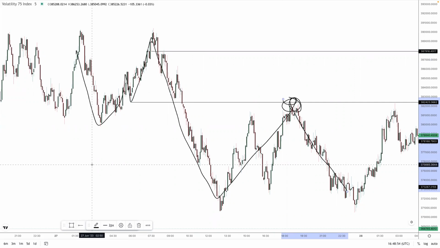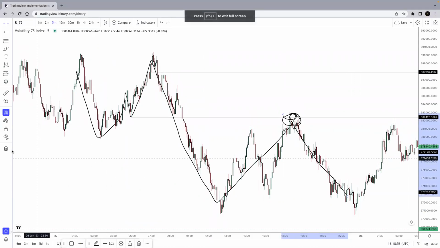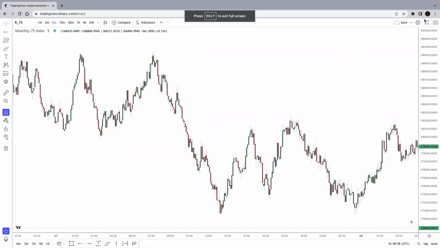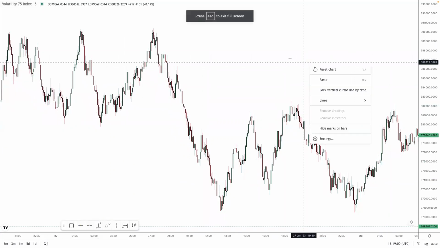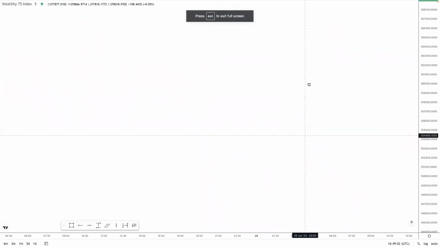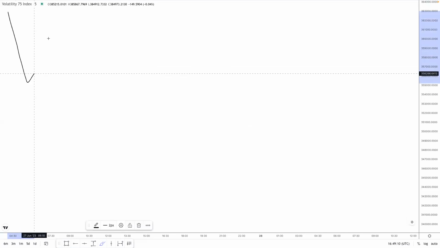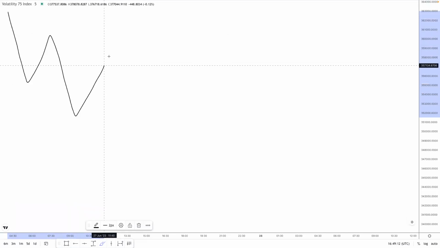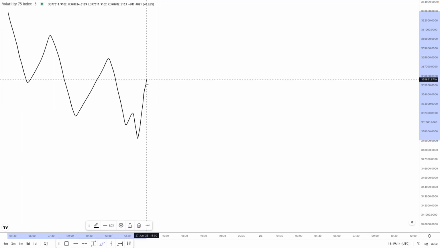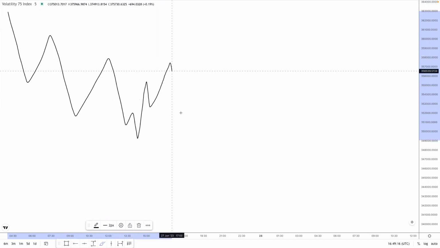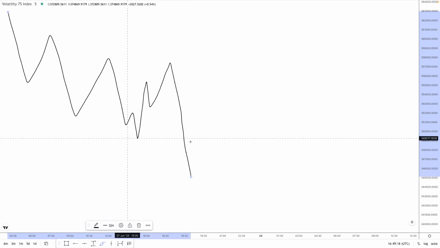Another structure, the last structure we are going to learn today, is called the hidden invalidation. On the hidden invalidation, let's say we have this downtrend, then price gets to break structure.